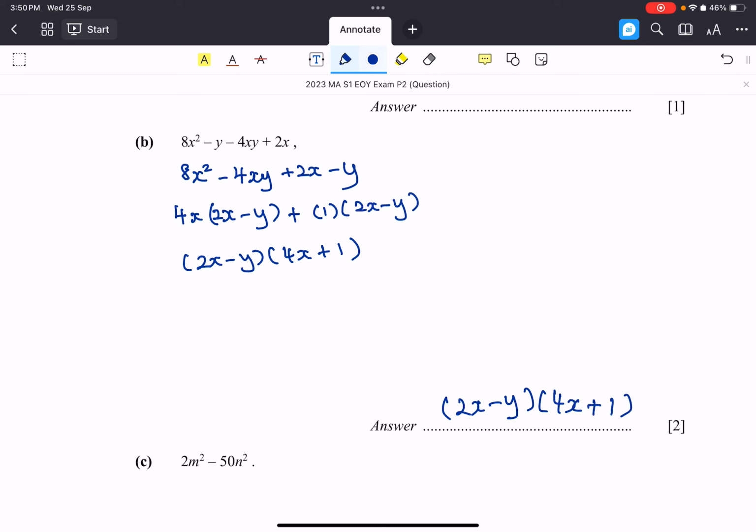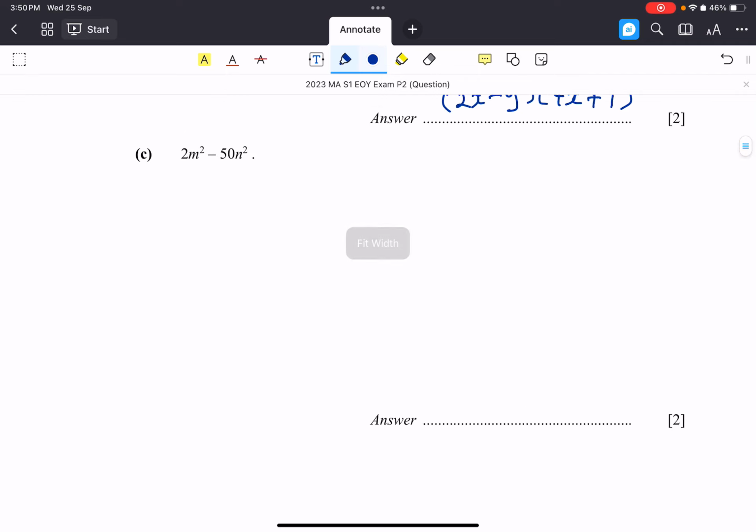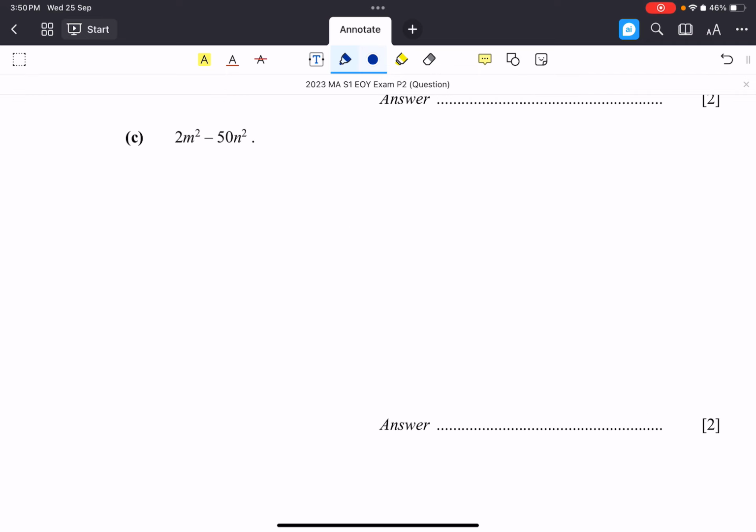Okay. Moving on. Next one, this one, you can see is squares and squares. So we suspect, right, there should be a difference of squares. However, what we should first do is to extract out any common factor. So we have 2, and then we have m squared minus 25n squared.